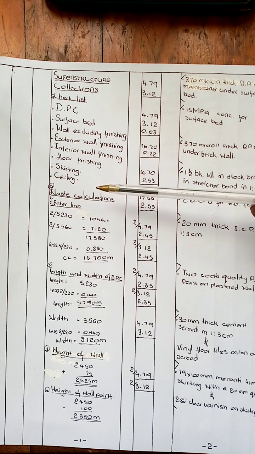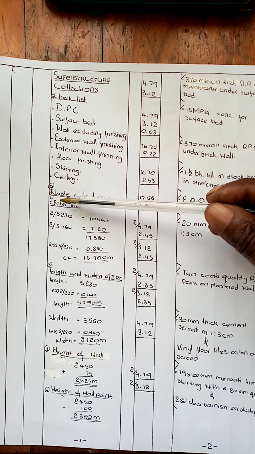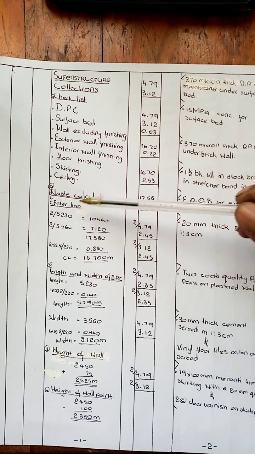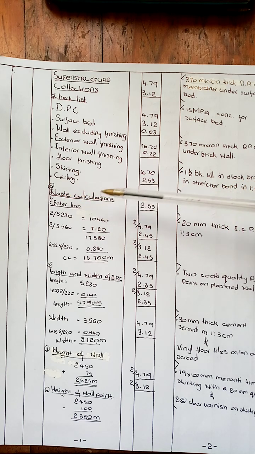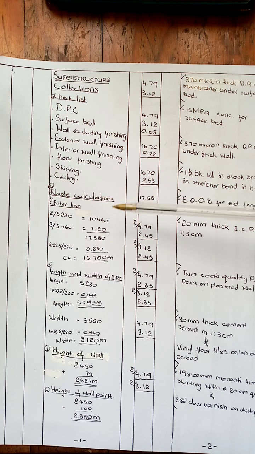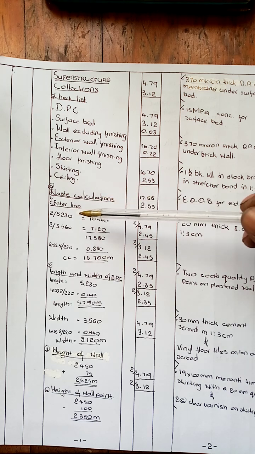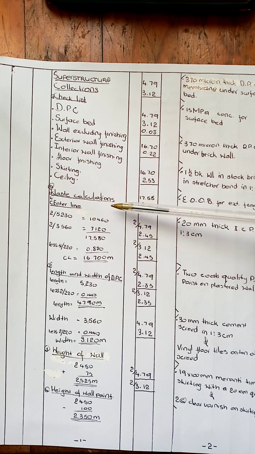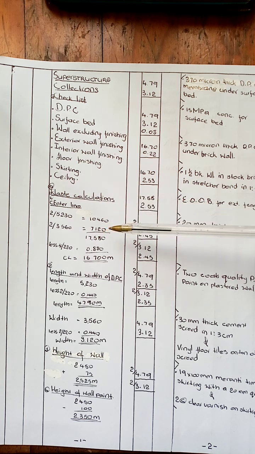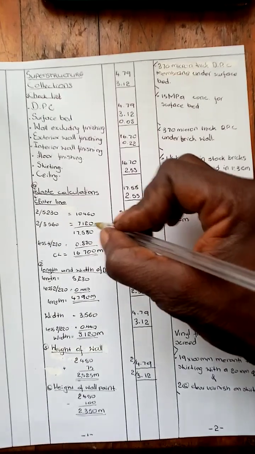On waste calculations, we start with number 1, we calculate the center line. 2 by 2 meter 530 is equal to 10 meter 462... by 3 meter 560 is equal to 7 meter 120. When you add the 2, you get 17 meter 580.